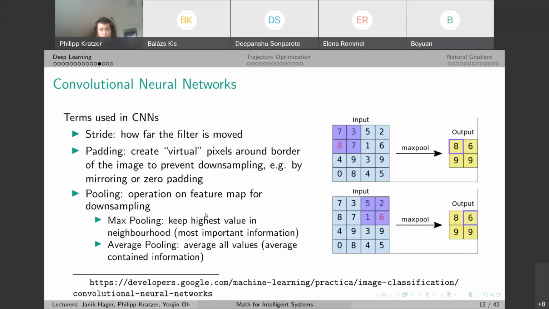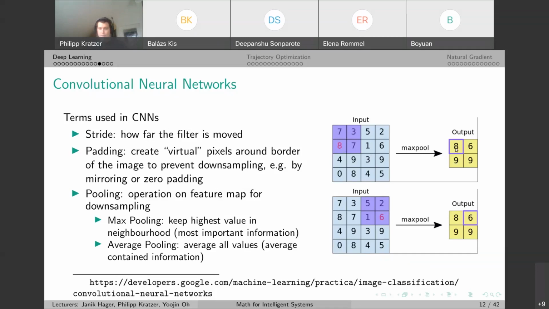Then there's pooling. This is an operation used for downsampling. Typically, if we apply the convolution part of the CNN, we don't shrink the size of the image, but then there's the idea of max pooling, where we apply some filter to some neighborhood like this, and in max pooling we just take the largest, the maximum value, and use this in the output.